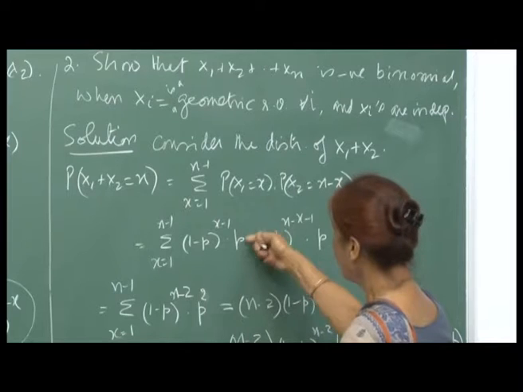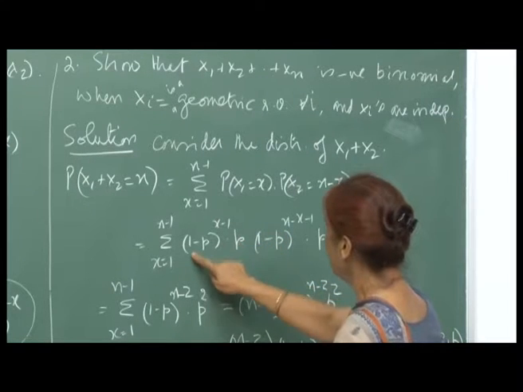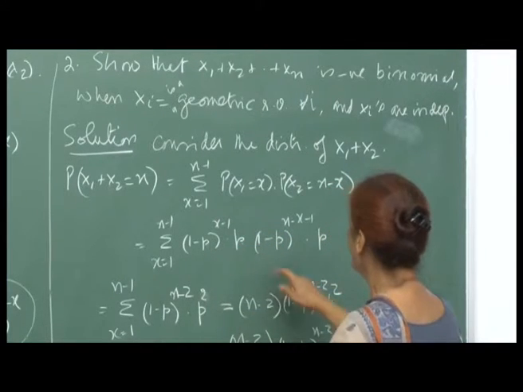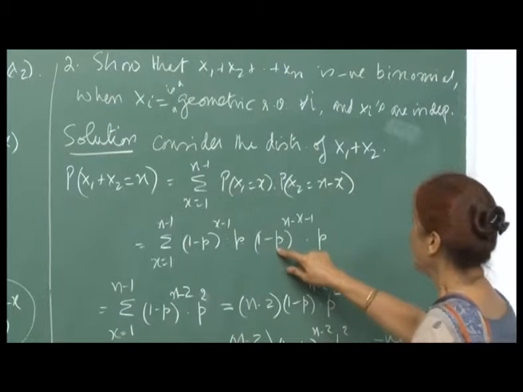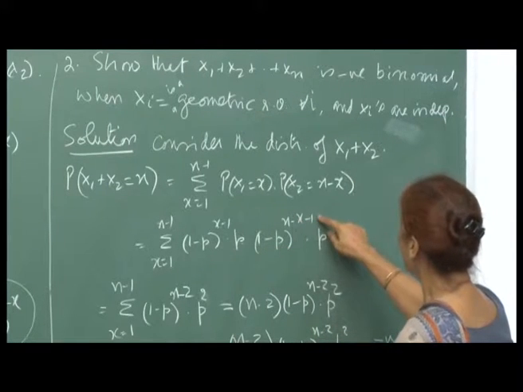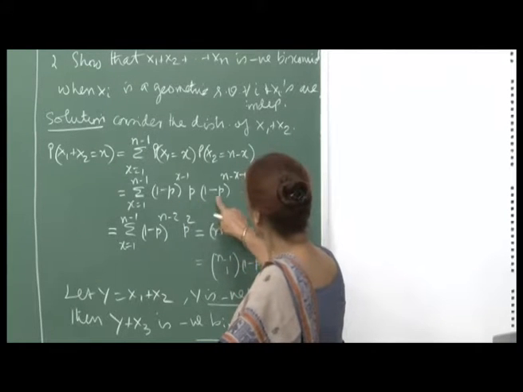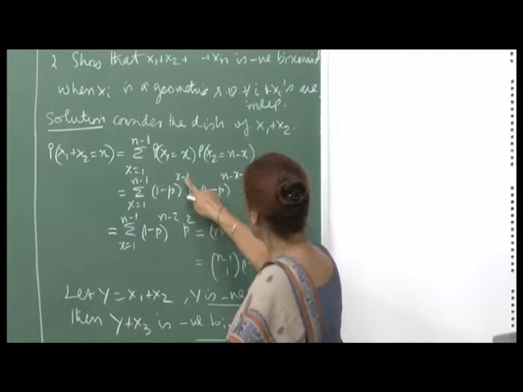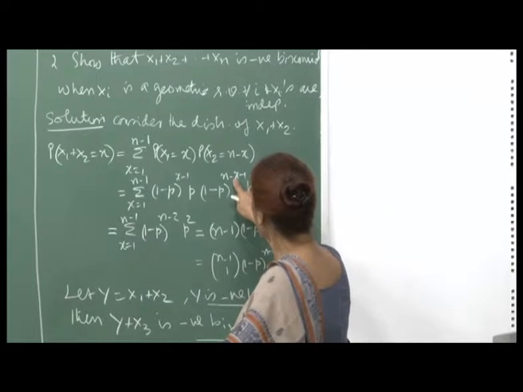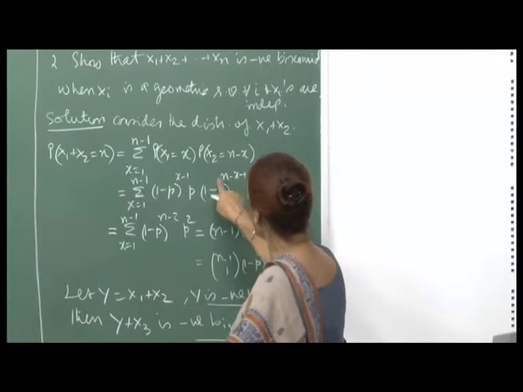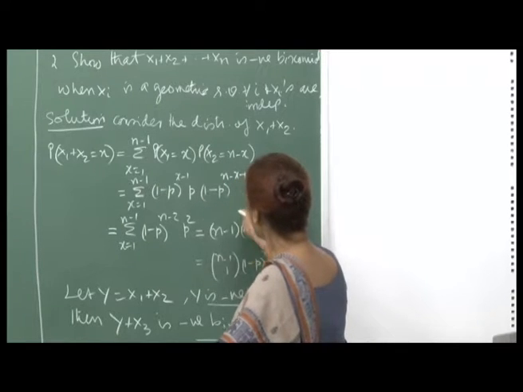At the xth trial the success must occur, otherwise before that all failures, and similarly here it will be (1 minus p) raised to n minus x minus 1, into p. When you rearrange the terms, x minus 1 and minus x, the x cancels out, and you are left with n minus 2 and p squared.